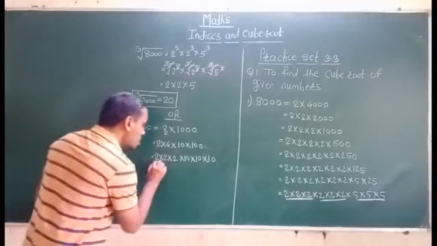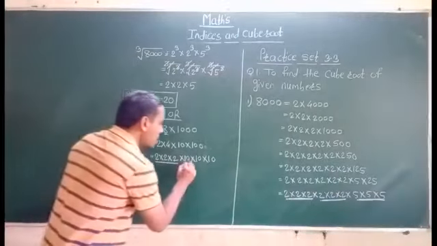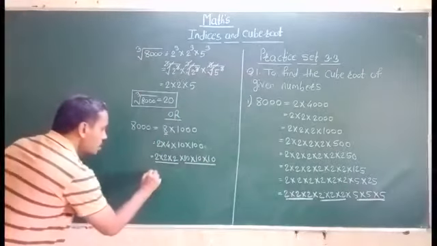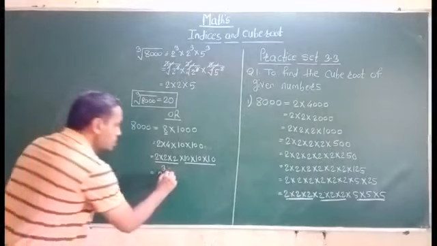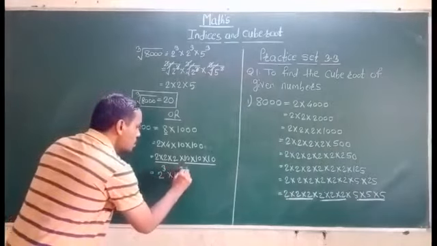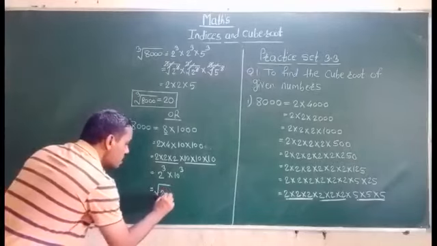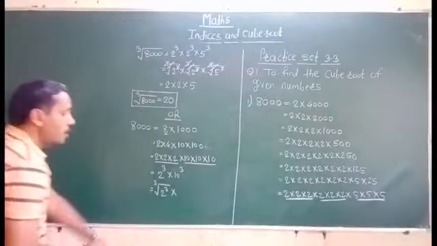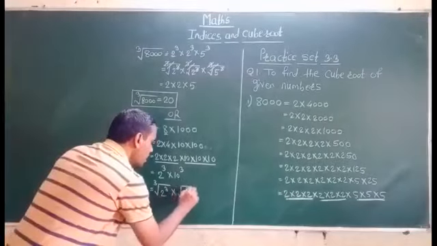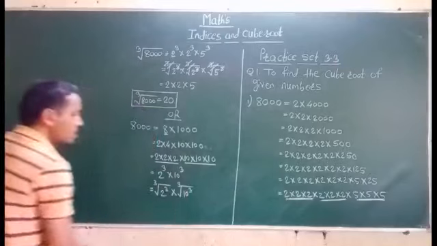That means 2 comes 3 times, and 10 again comes 3 times. We write down 2 cube into 10 cube. We again write it in the radical sign, 2 cube, radical order 3, then 10 cube, radical sign order 3.